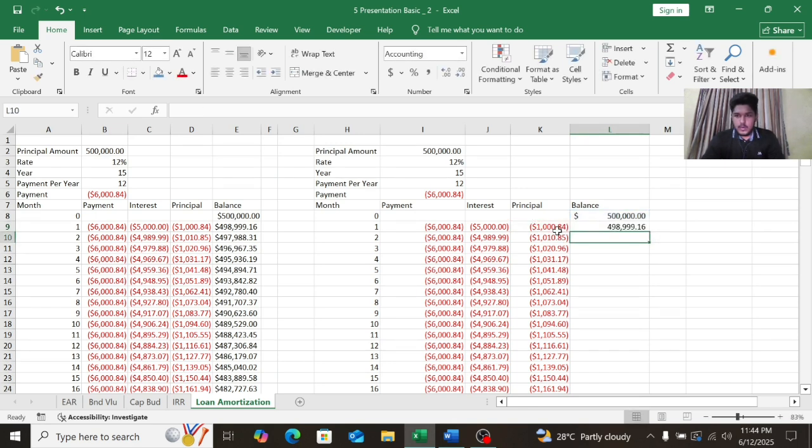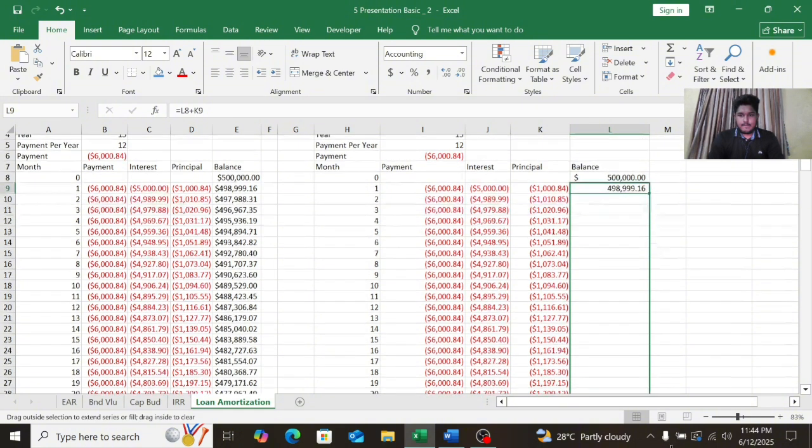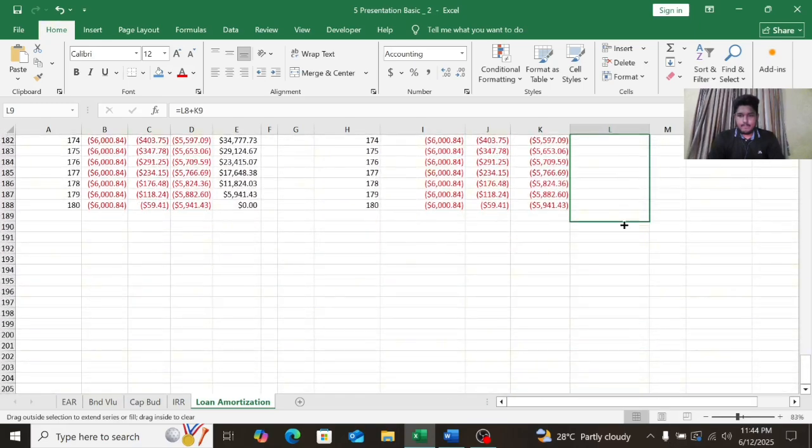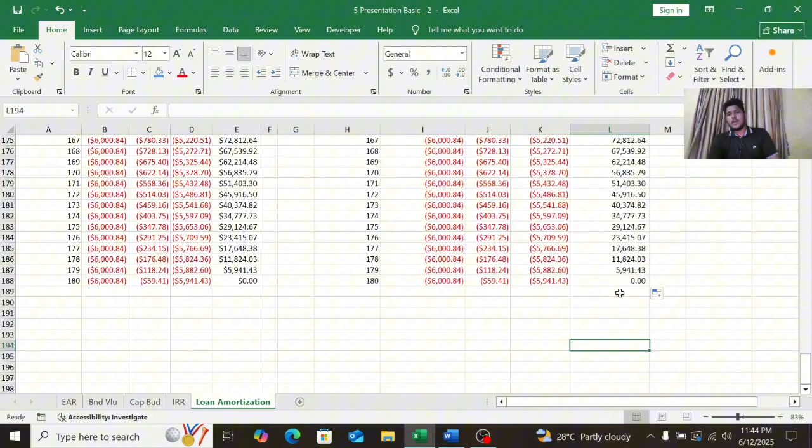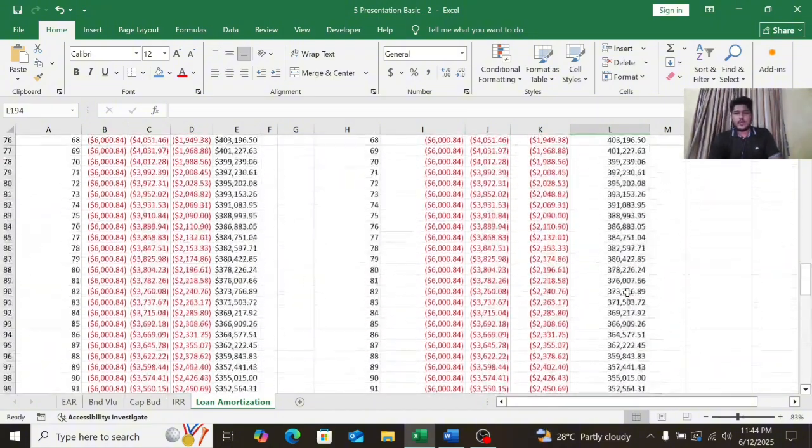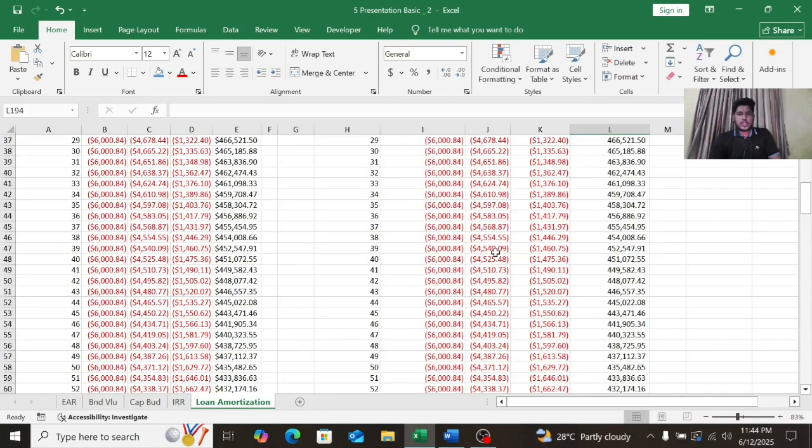Okay, enter, we get 49. If I drag alongside, at the end of the payment schedule our balance goes down to 0. So here we got our amortization schedule.